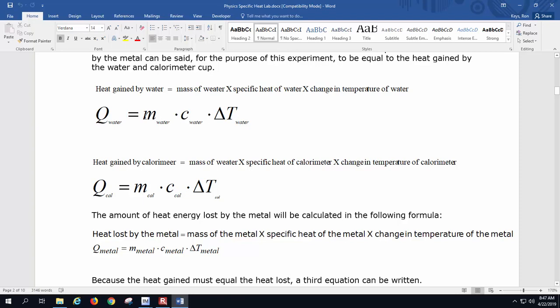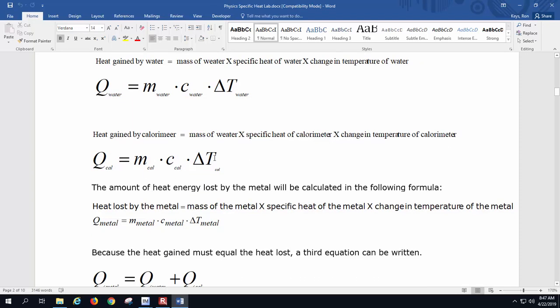We're going to heat up the water. This is going to start out probably around room temperature, 20. This calorimeter is the aluminum calorimeter. We're going to heat that up as well. Again, the water is inside the calorimeter.